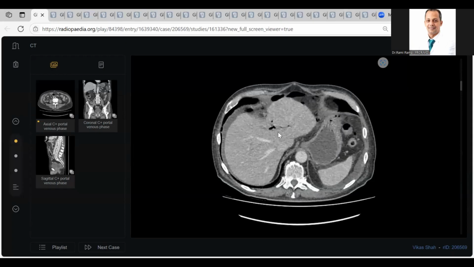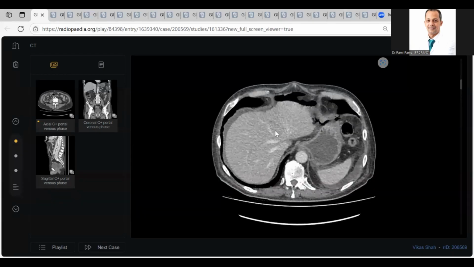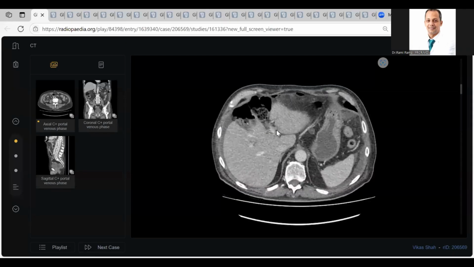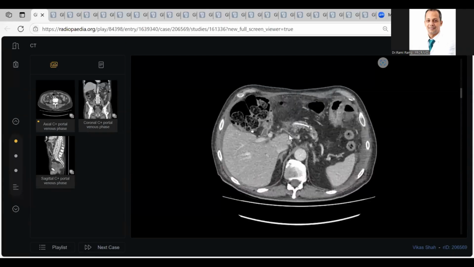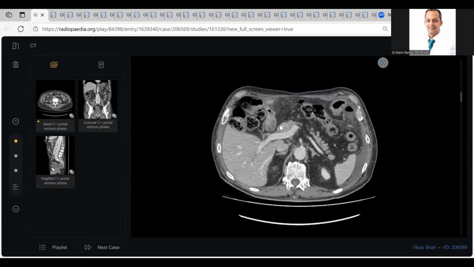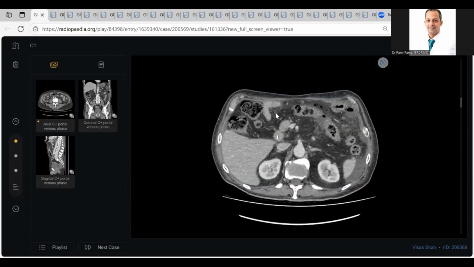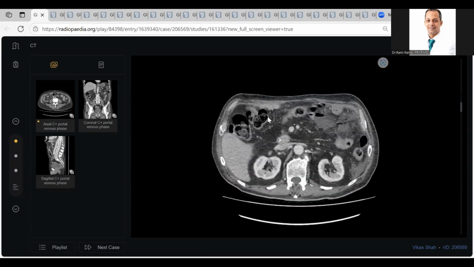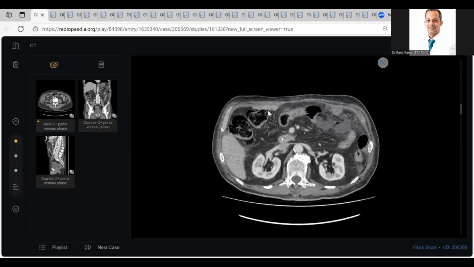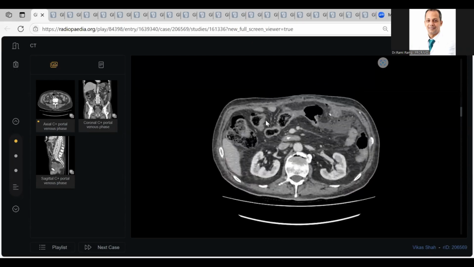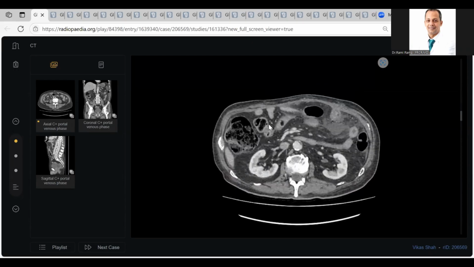Immediately of note, I can see some locules of air in a central distribution. This would be in keeping with pneumobilia, as it does not extend to the periphery. I can see adjacent fat stranding. The gallbladder is not well demarcated. It seems partially collapsed. There's some tethering of the small bowel to the adjacent anterior abdominal wall.